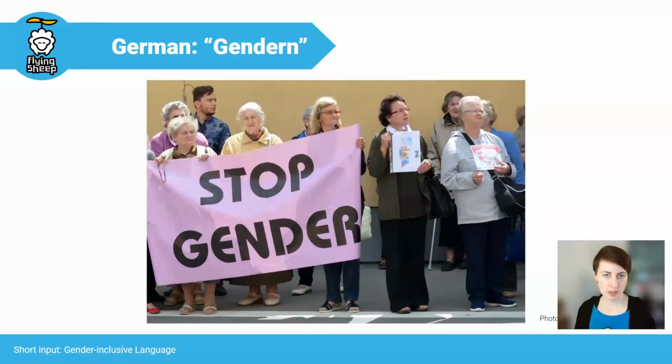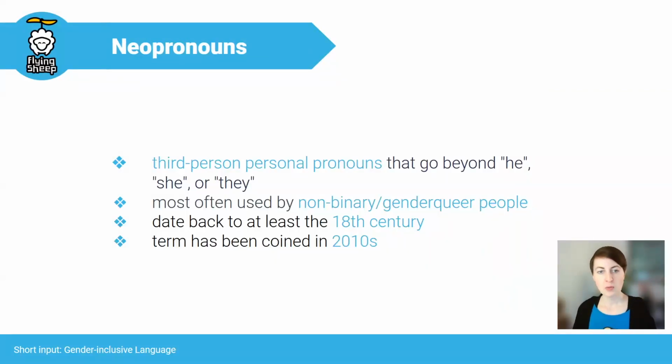This is why queer people, in particular, took matters into their own hands and created neopronouns. So neopronouns are third-person personal pronouns that go beyond he, she, or even they.